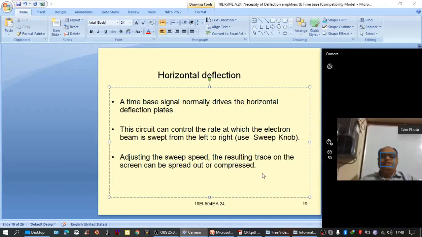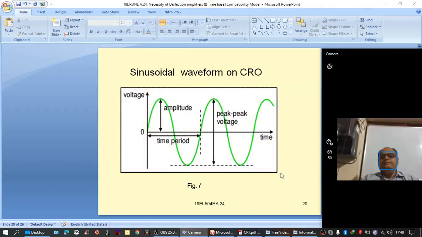By adjusting the sweep speed, the resulting trace on the CRO screen can be spread out, that means its width would be increased, or compressed, that is its width would be decreased.